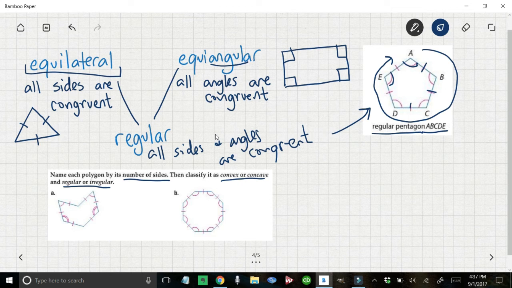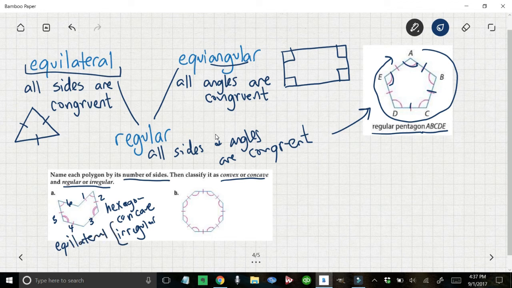So for this first one, this has 1, 2, 3, 4, 5, 6 sides, so this is a hexagon, and it would be concave. And then it would be irregular. It doesn't ask you this, but this would actually be equilateral.